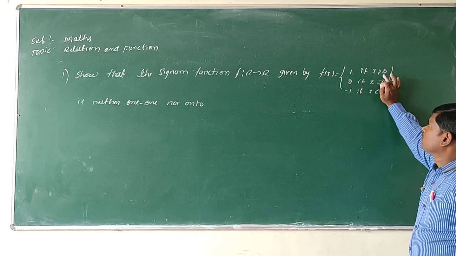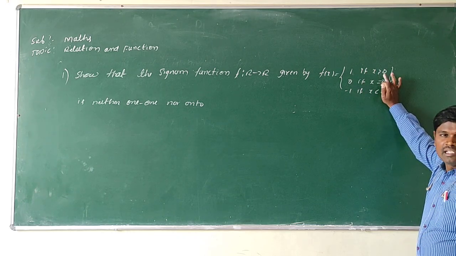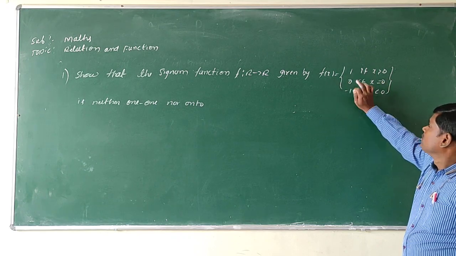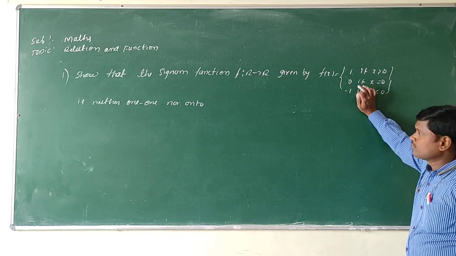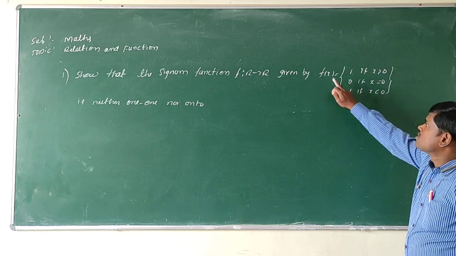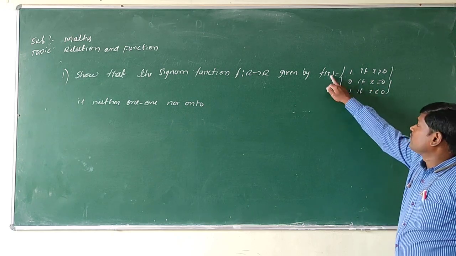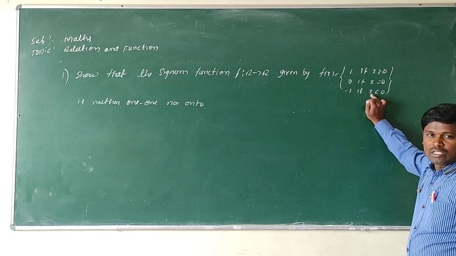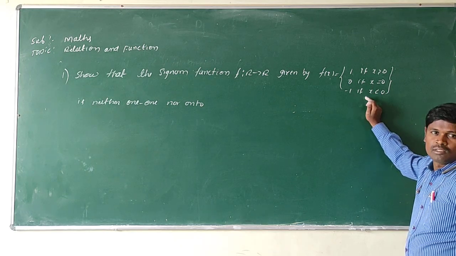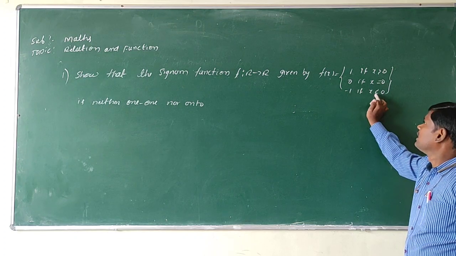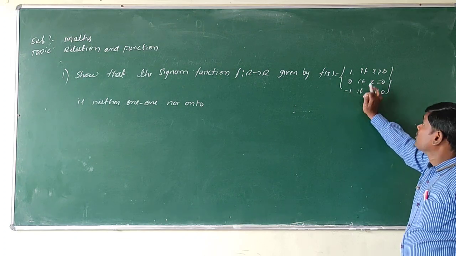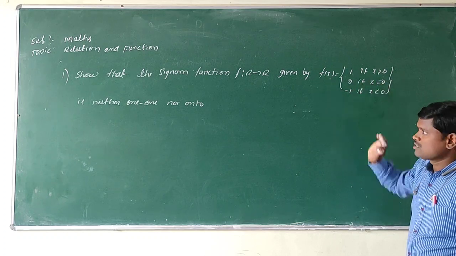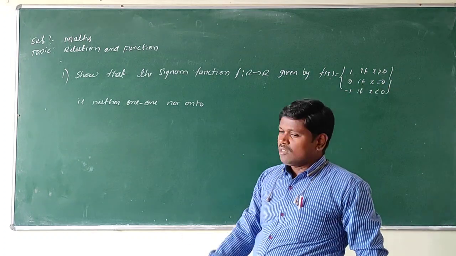If we put any real number greater than 0, then f of x is 1. If x is equal to 0, f of x is 0. And f of x is equal to minus 1 if x is less than 0: for any negative real number we get minus 1. For any positive real number we get 1, and for 0 we get 0. See, it's neither one-one nor onto.